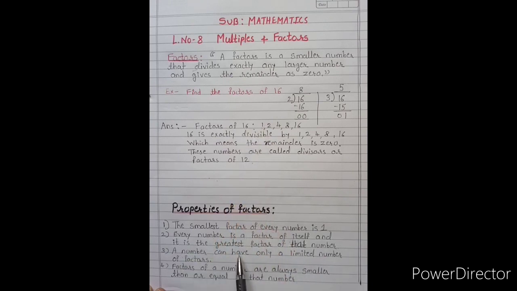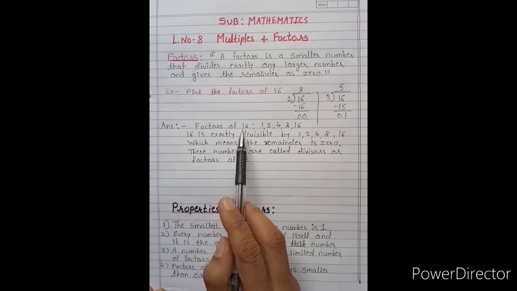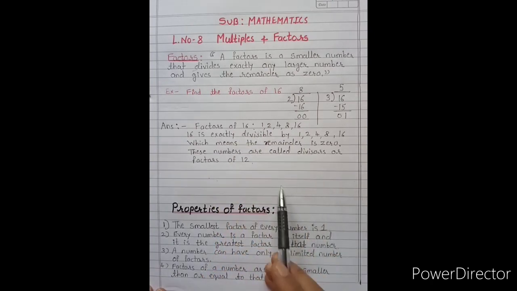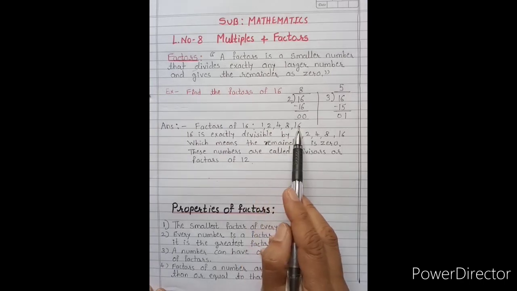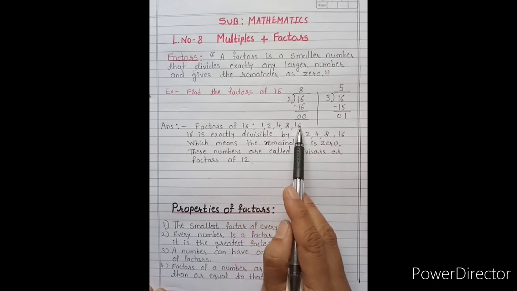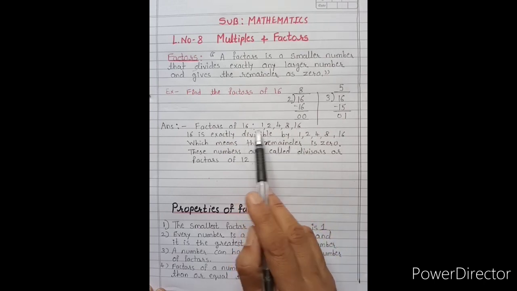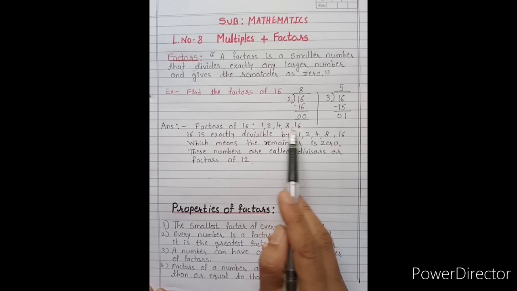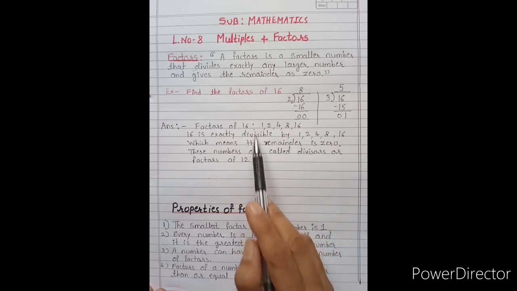A number can have only a limited number of factors. Factors of a number are always smaller than that number or equal to that number. If you will observe the factors of 16, these factors are always smaller than this number or equal to that number. 16 as a factor is equal to this number.